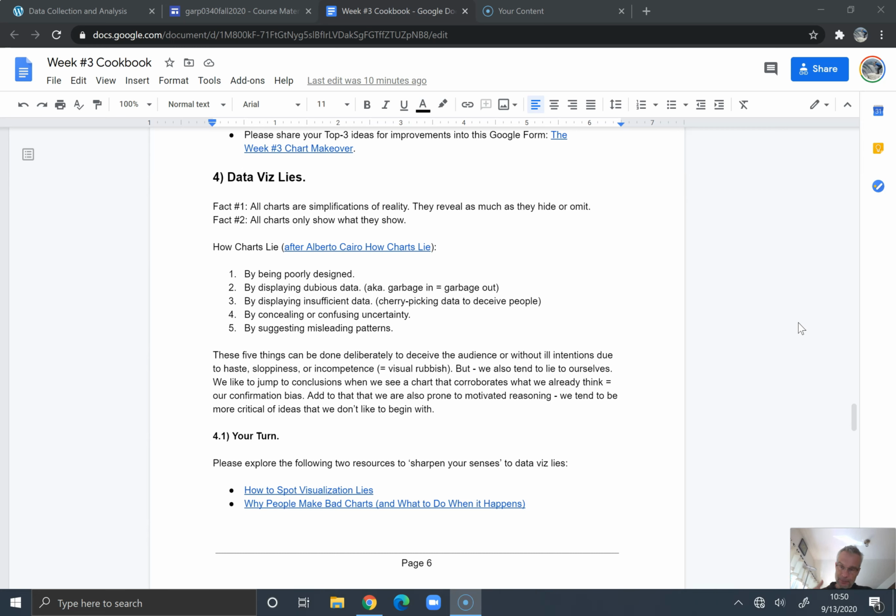We have confirmation bias, we have motivated reasoning, right? So when we see a chart that corroborates or matches what we already think, we tend to like that, right? So be aware of that as well.